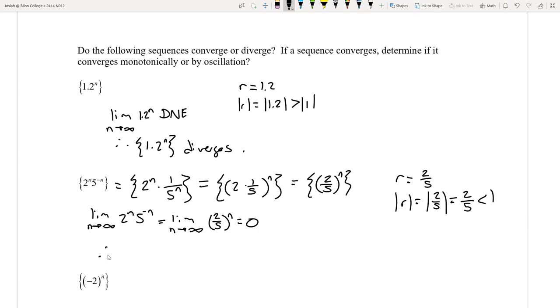And therefore, our sequence will converge. So it converges to 0. And we have to determine which way it happens. Our r here was positive, so this is going to be monotonically. And so that's our answer.